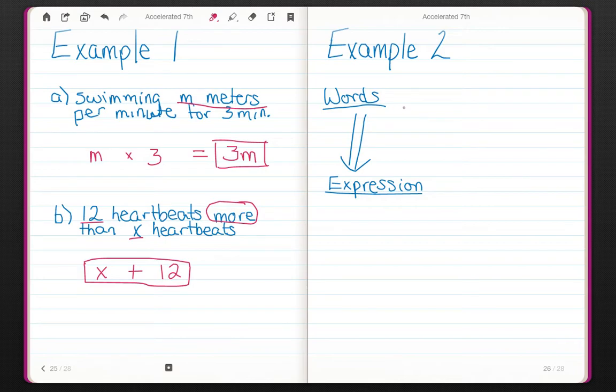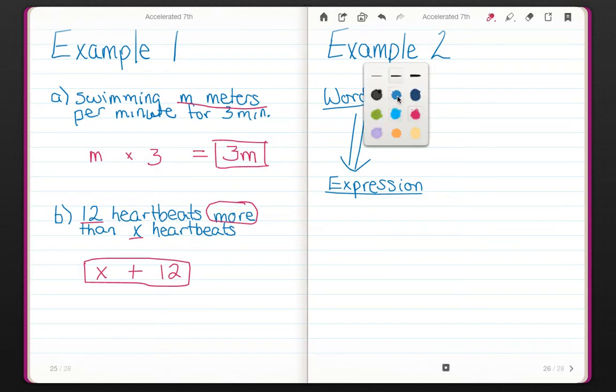So what do I know? I know that each poster costs $4. So I'm spending $4 per poster, and I am making P posters.